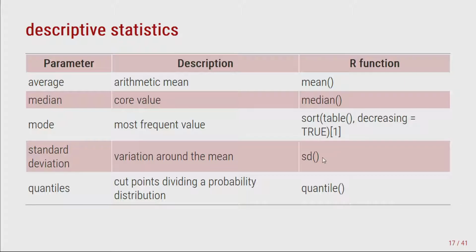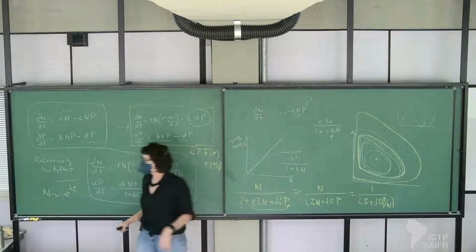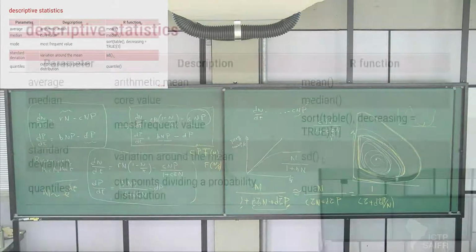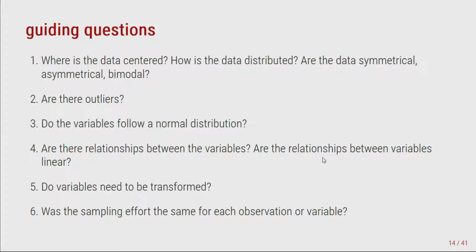The point 6 that was previously in the presentation, sampling effort being the same for each observation, could be thought of like batch effect. How can we correct batch effect?